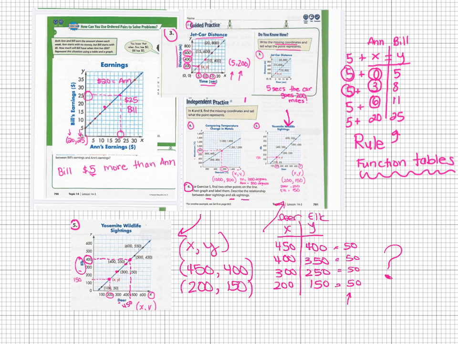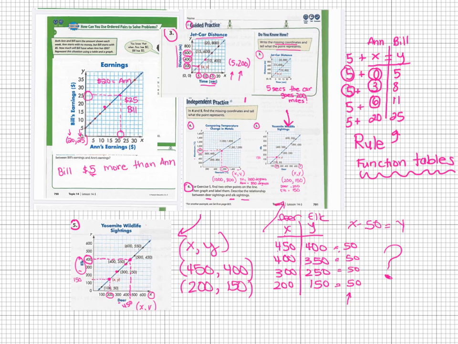So are there more elk or deer? For every deer, there's 50 less elk. Okay, so for every x, you could write an equation if you needed to. For every x, for every deer, there are 50 less elk equals y. So does that work? 450 minus 50 equals the elk? Yes, it does. So we're back to like Bill and Ann, but this is what this is all about. And it's so complex, and there's so much in it.